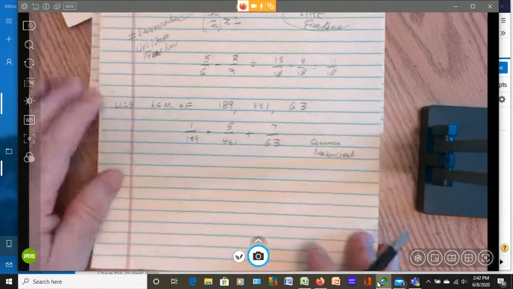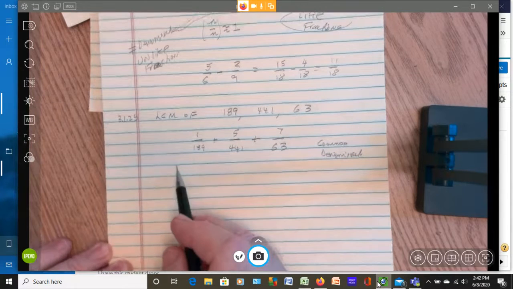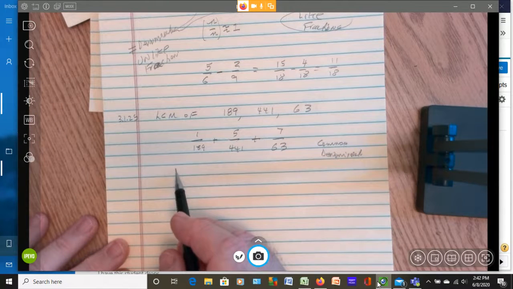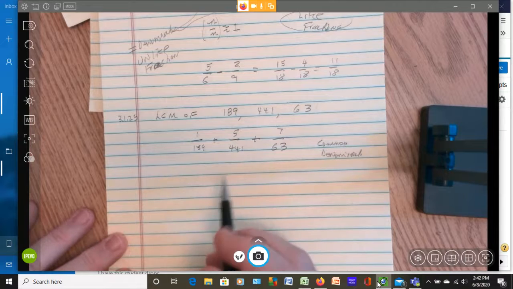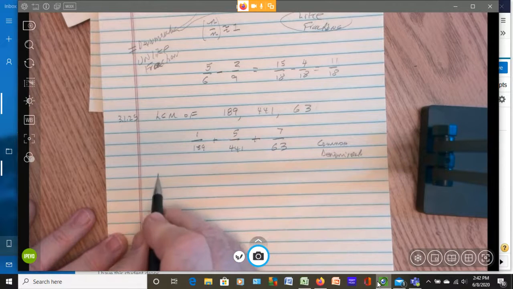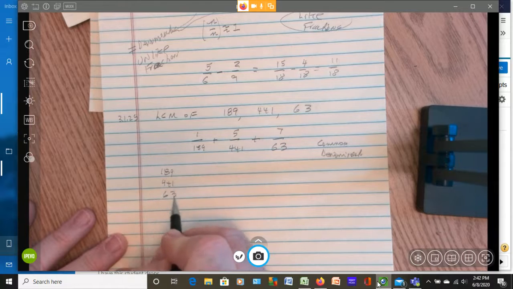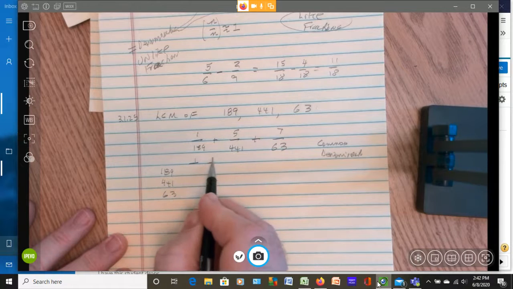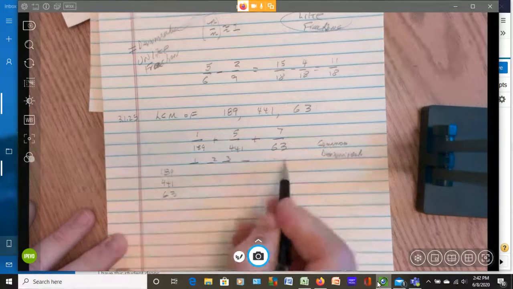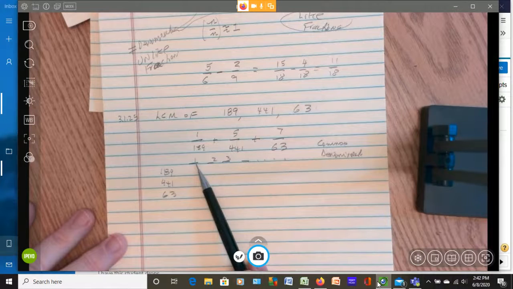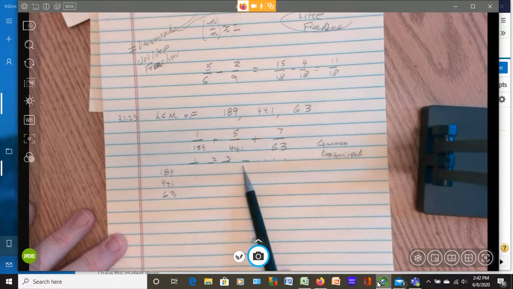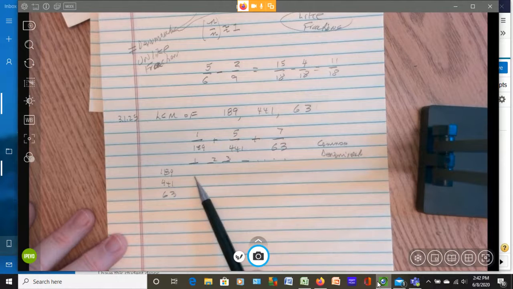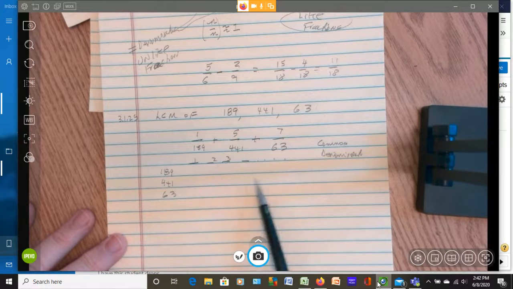Now, I'm not about to use that table of common multiples approach that I've used in a previous video. And you say, why not? Well, let's just look at what would be involved. We would have to take 189 times 1, 2, 3, 4, some numbers, 441 times 1, 2, 3, some numbers, 63 times 1, 2, 3, some numbers.